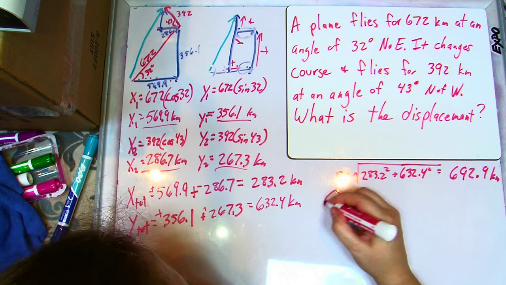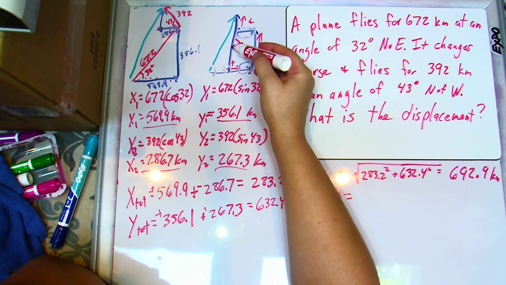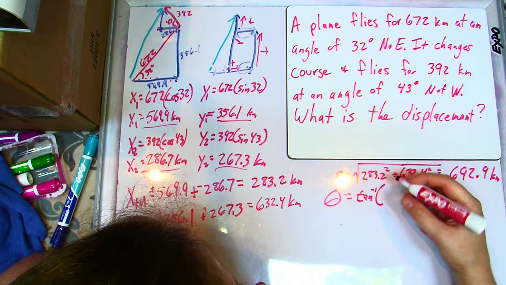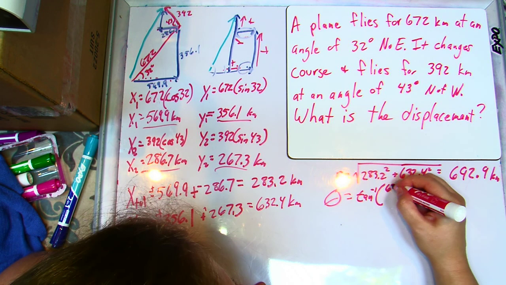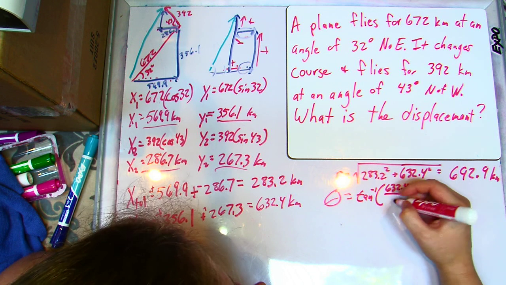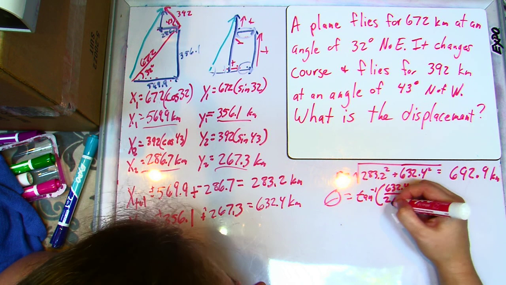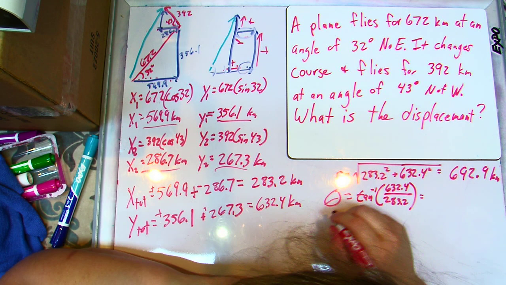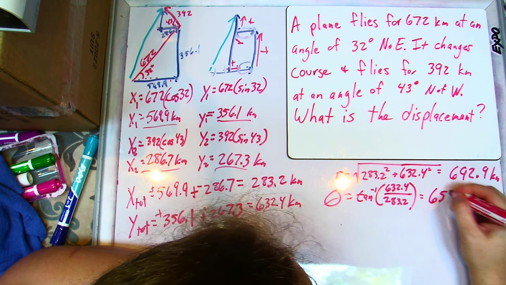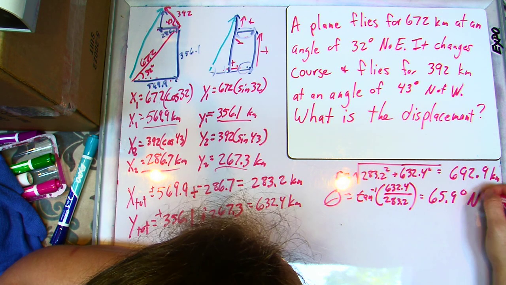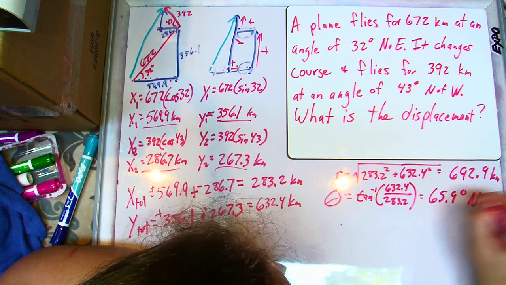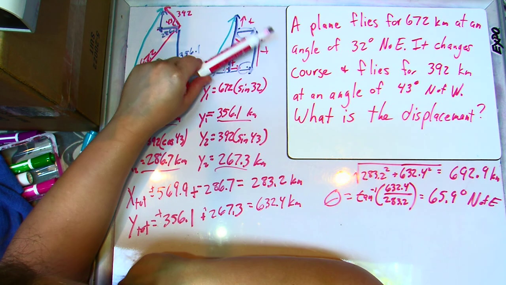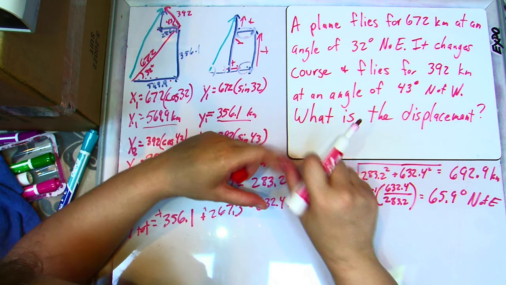And the direction would be opposite, which is once again y, so inverse tangent of the y value, 632.4 over the x value, 283.2, and that will give us an angle of 65.9 degrees north of east. Because if you look here, this is east, and it is heading above that, towards the northern end.